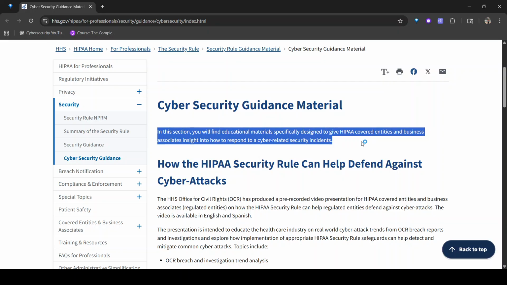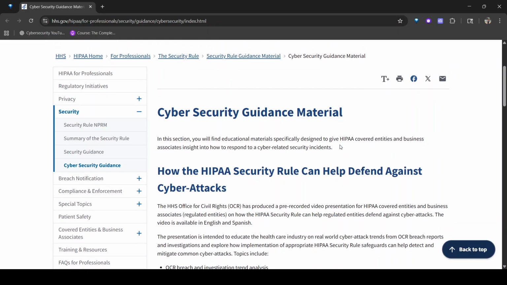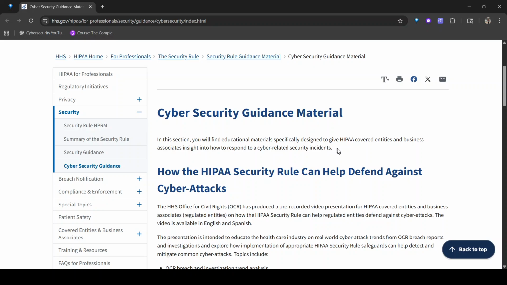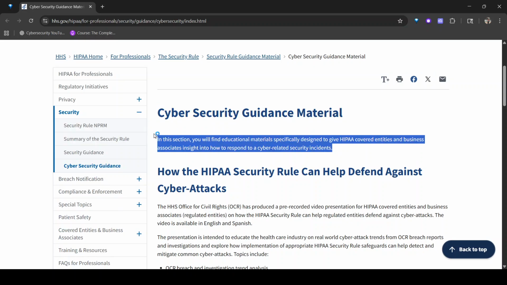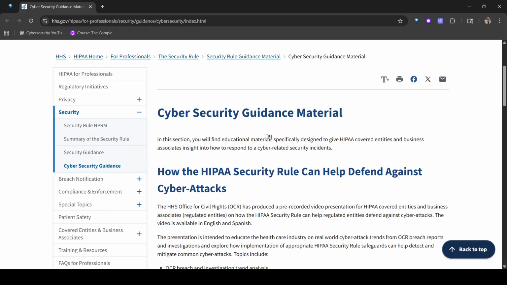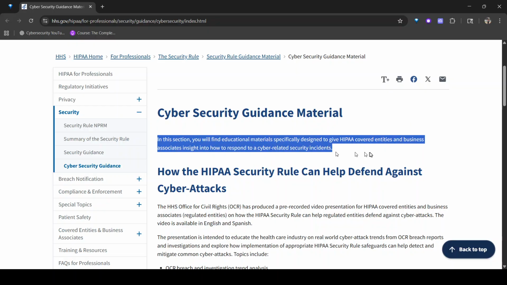HIPAA. This is a law that medical students know by heart. Anybody who's ever familiar with medicine understands this rule, because patients' health data is extremely important to keep safe.